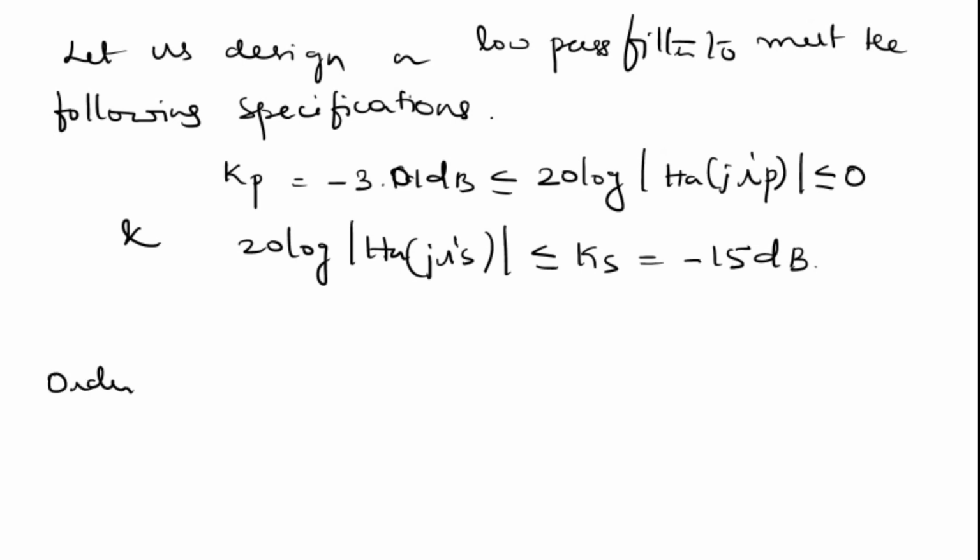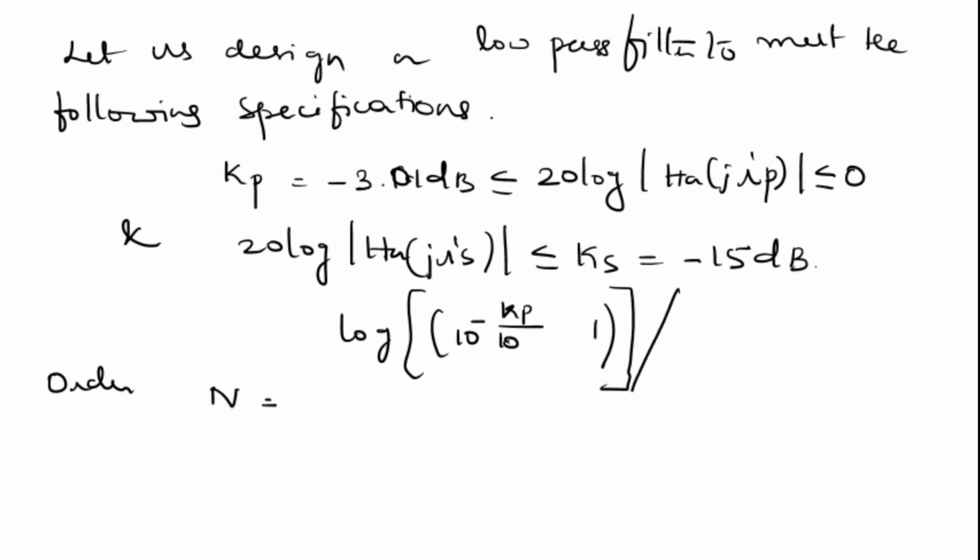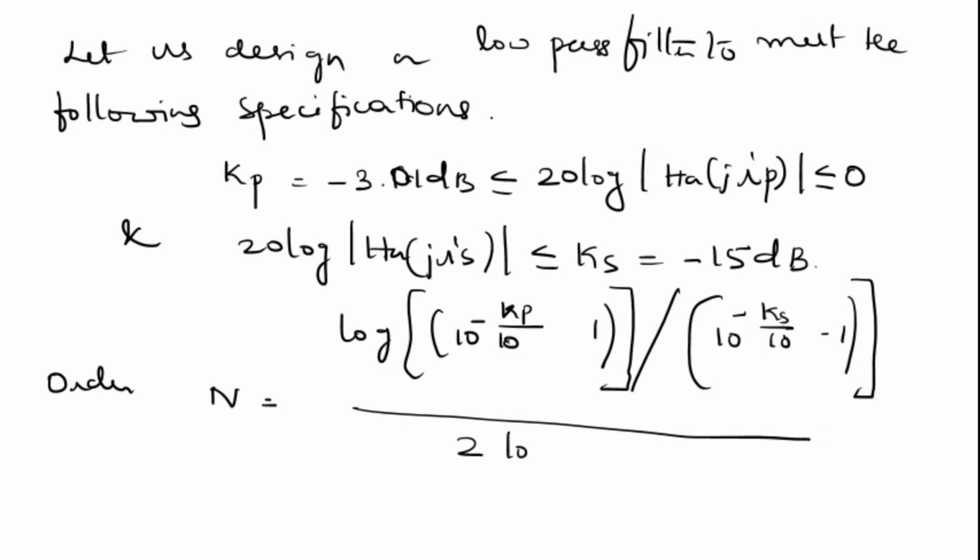Then the order of the filter N is equal to log of ((10 to the power minus 0.1 Kp minus 1) divided by (10 to the power minus 0.1 Ks minus 1)), whole thing divided by 2 log of omega p dash divided by omega s dash.